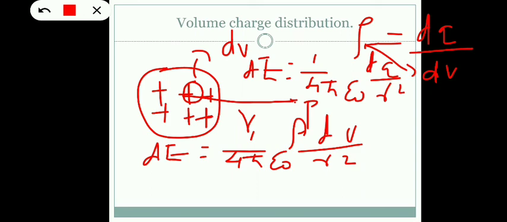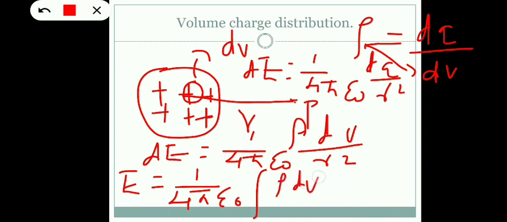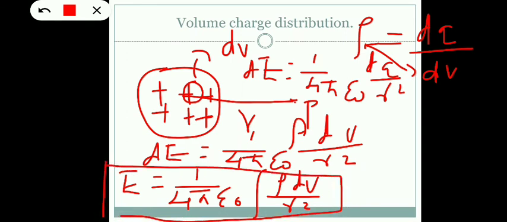And again, then what will be the total electric field due to this whole sphere? The total electric field is obtained by integrating this expression. So this constant can be taken outside the integral and just integrate rho dV by r square. So this is the expression for the total electric field at the point P due to the whole sphere.